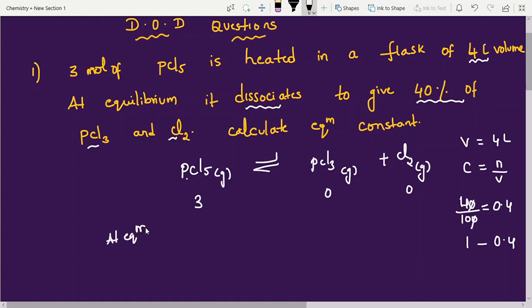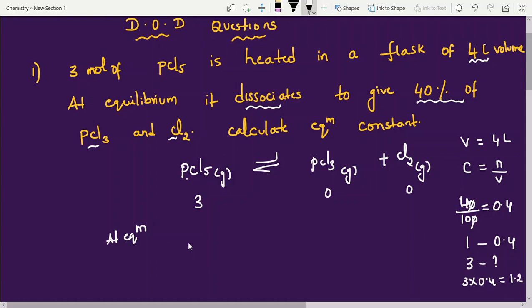We have to calculate. For 1 mole, 0.4, students. Whatever degree of dissociation they give, you have to consider this is for only 1 mole always. Then according to the question, it may be 2 moles or 4 moles, but for 1 mole you take it. So this is 3 moles. How much? 3 into 0.4, how much, students? 1.2.